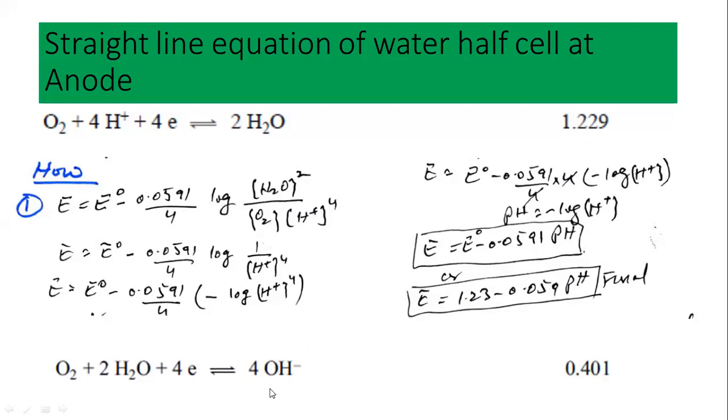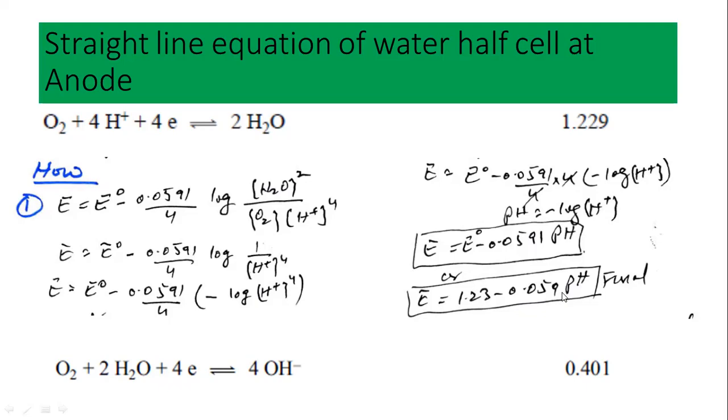This was the second option at the anode, and I'm not going to derive this one. You can use this half cell, do the similar steps, and finally you will reach the same equation, that is E is equal to 1.23 minus 0.0591 pH.